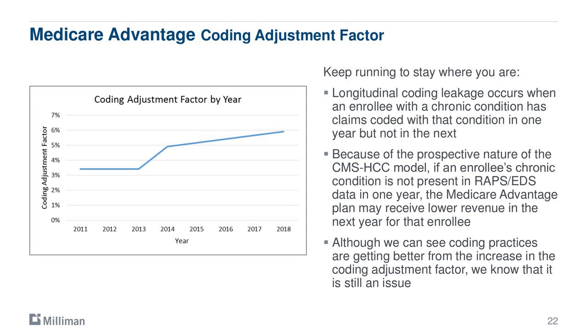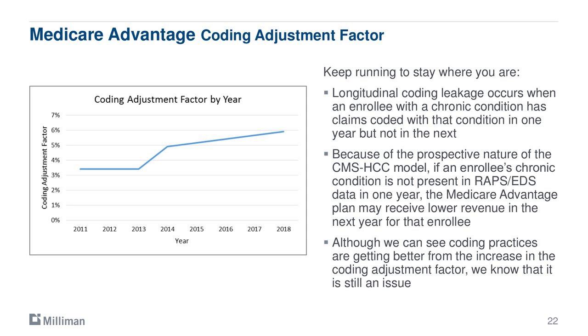So what does that mean? It means that you have to keep running. If you are a health plan, you have to keep running in order to stay the same. But it also means that coding improvement may result in a substantial increase in risk scores, and the payers are fully aware of that.